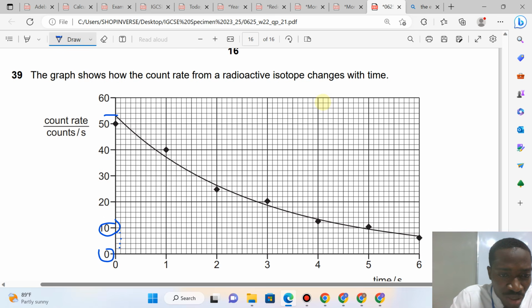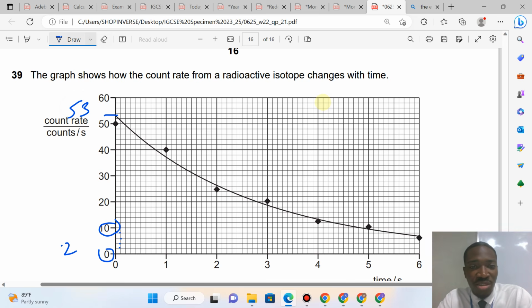That means each division is 2. From 50, we go one division up, that's 52, plus half, that will be 53. So the value here is 53.